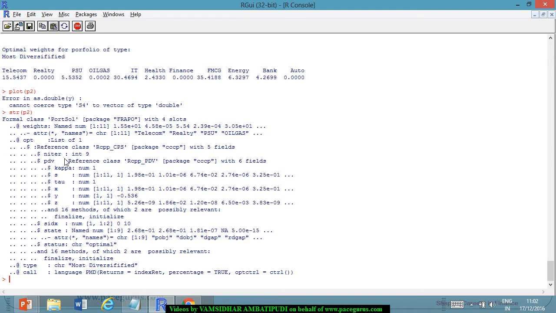Again, as we see, it gives me all these various intermediate computations for each of these sectors, and finally it also gives me the overall weights that are being specified here, and this is the most diversified kind of portfolio.